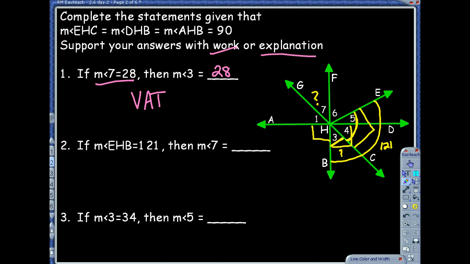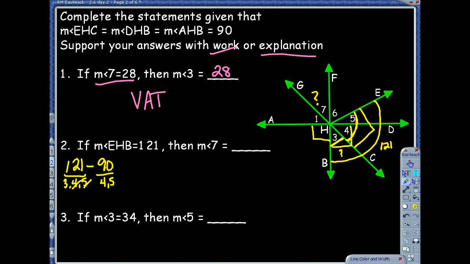And what do you know about the 4 and 5 together? The 4 and the 5 together is the 90 degrees. Exactly. So if I subtract 90 degrees from 121, because this was all of 3, 4, and 5 together, and this 90 is the 4 and 5 together, taking away the 4 and the 5 would leave us with 3.